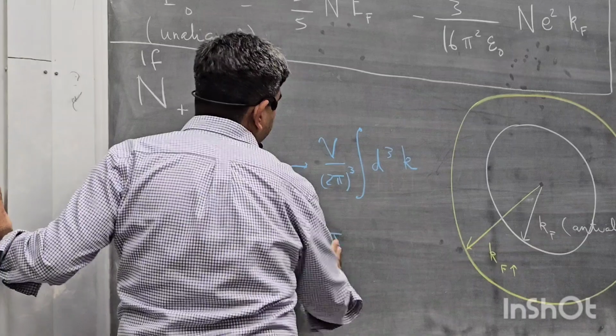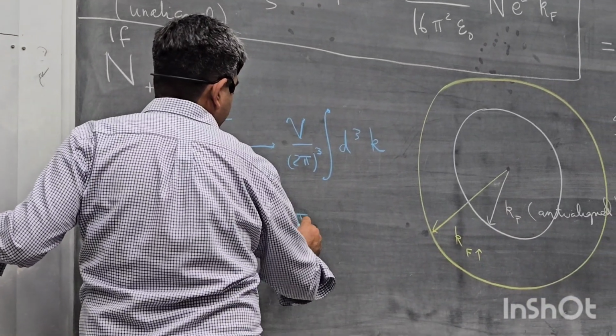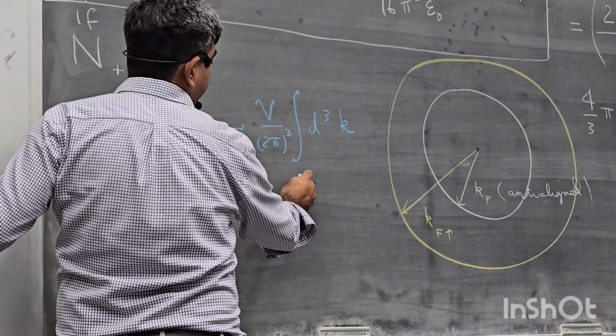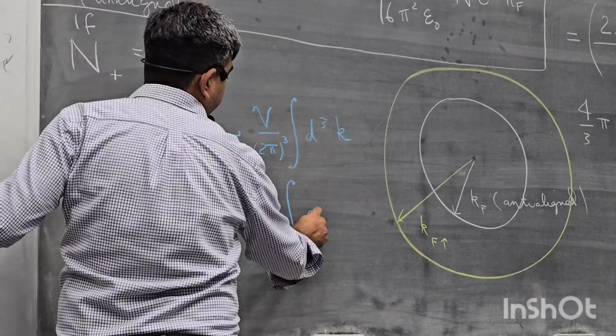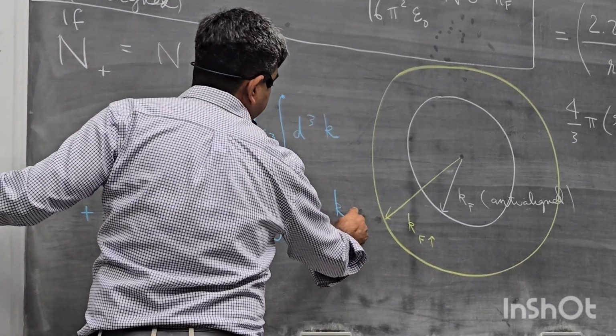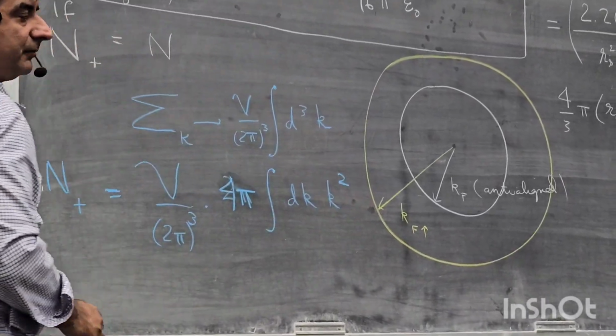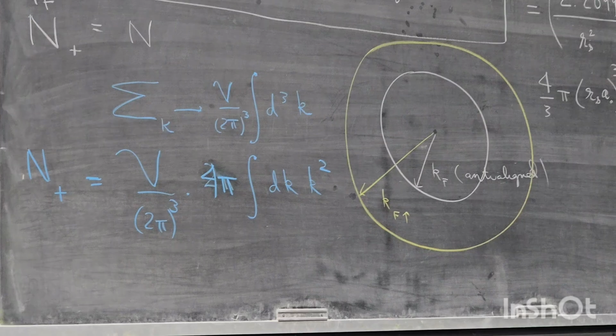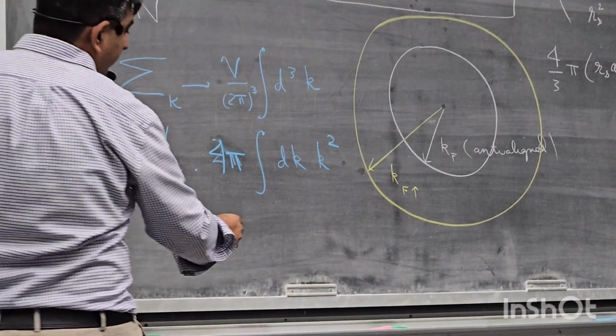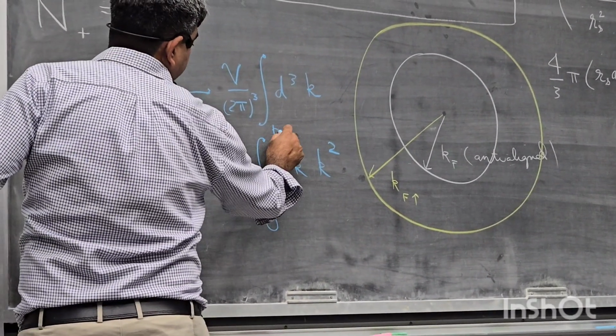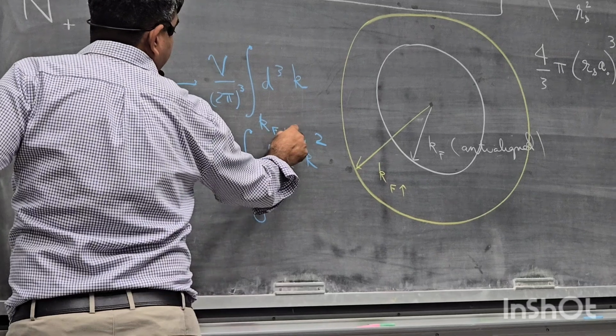So you really get 4 pi here, and then you are left with k square dk, where k is the radius, and this k goes from 0 to kF plus.